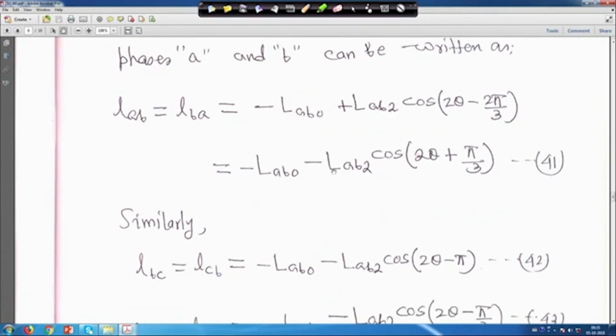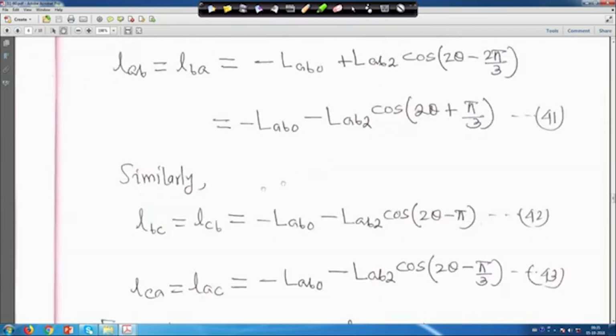Similarly, because the windings are 120 degrees apart, L B C equal to L C B will remain as minus L A B 0, minus L A B 2, because their magnitudes for all these are the same. So we are not writing B C 0 or B C 2, just because the magnitude remains the same. That is, L A B 2 is equal to L B C 2 is equal to L C A 2. All are the same, only thing is that they are 120 degrees apart.